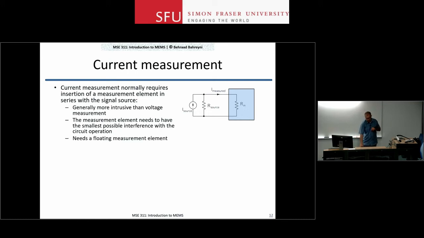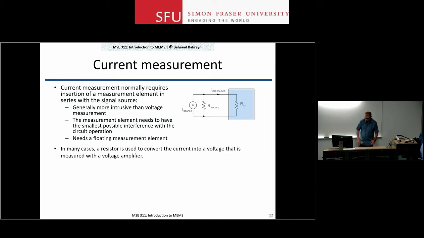That's also a problem. The other thing is that you need a floating current measurement system. So something that you can actually go and insert into a circuit, contact one end, contact the other end, so that the current goes through and comes back. So this measurement system itself has to be floating. You have to have a system that can be inserted into the circuits.